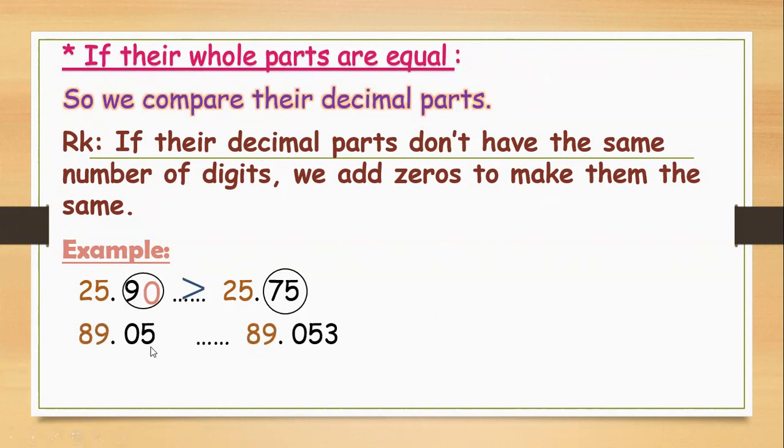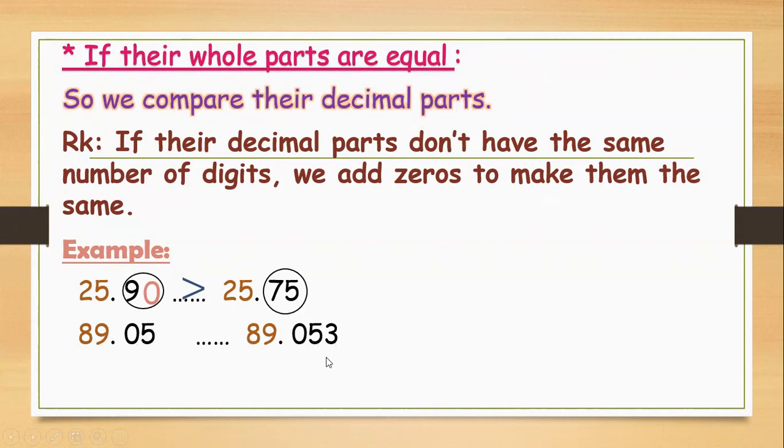89 and 5 tenths, 89 and 53 thousandths. These two numbers have the same whole parts, so now we will compare their decimal parts. But the first one has two digits in the decimal part, and the second one has three digits.